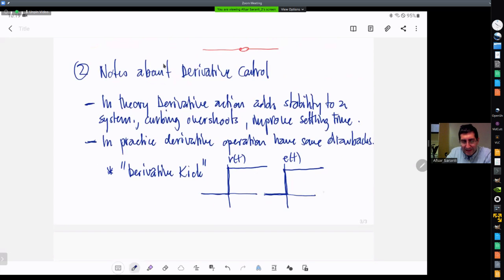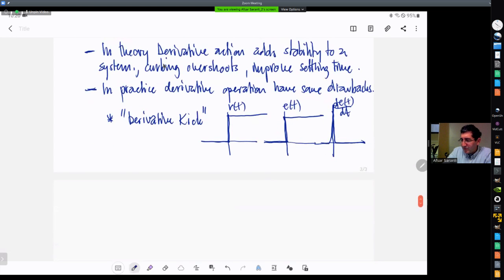So what will happen is that dE of t over dt will basically have a spike at this discontinuity. That will result in your actuator function u of t also having a large spike at that point where you have this change in the reference signal.